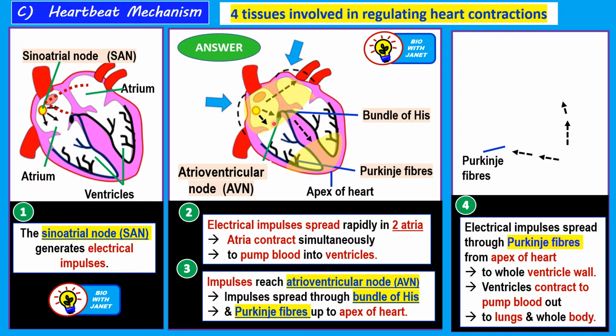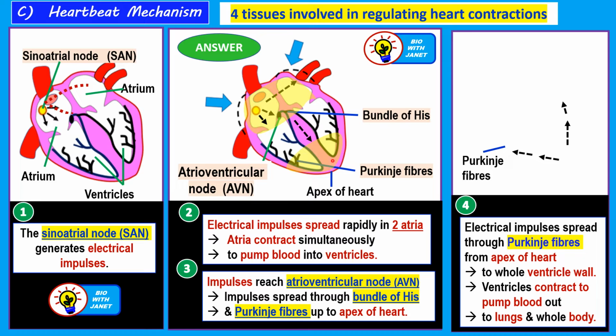Next, what happens to the impulse? The impulse then flows to the atrioventricular node, this small little dot here, and it will spread down the bundle of His. These are the two branches of the bundle of His, and after that it will spread to the Purkinje fibres, which are in the walls of the ventricles, up the apex of the heart. The apex is the tip of the heart here.